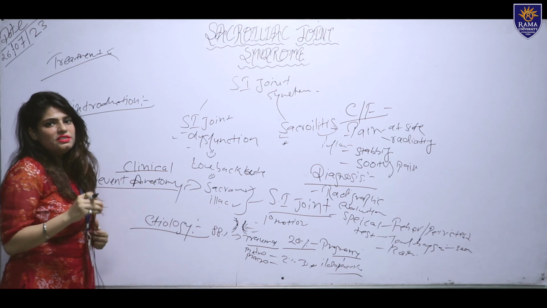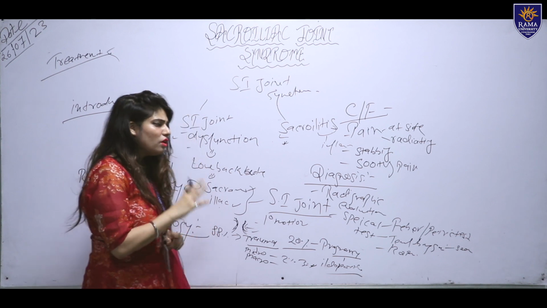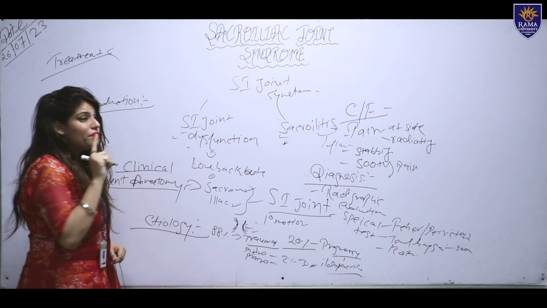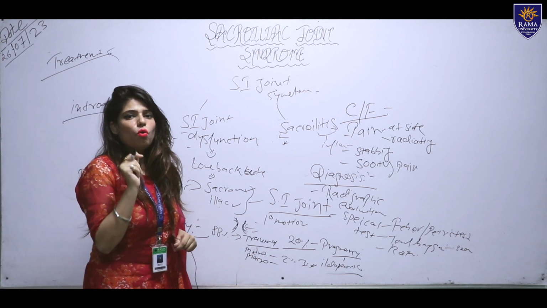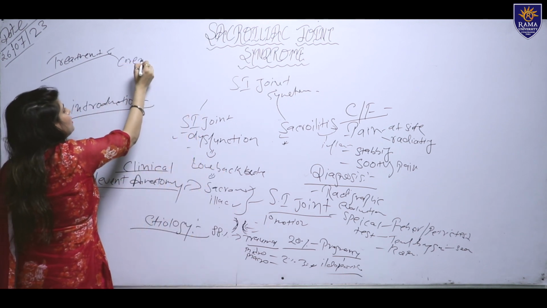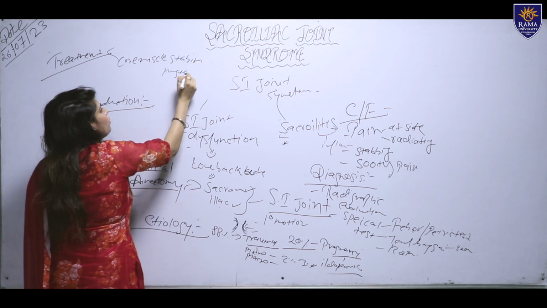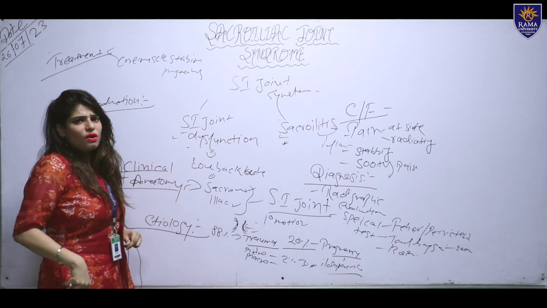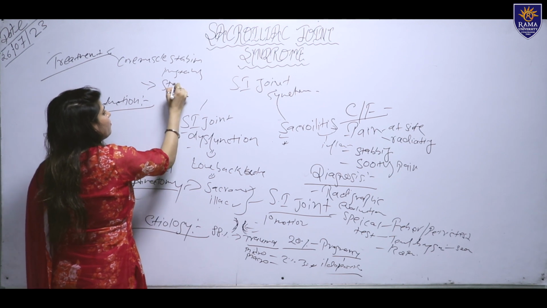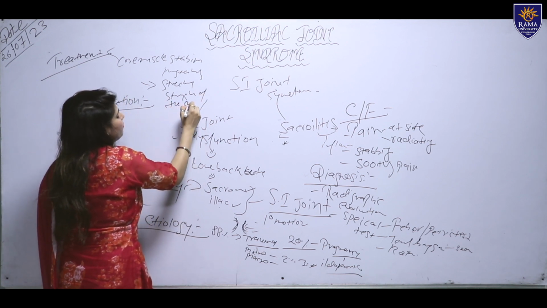Okay, now the treatment of SI joint dysfunction. Treatment depends upon the degree of injury or degree of dysfunction. So when we are talking about PT management of SI joint dysfunction, the first one is targeting the core muscle. We are targeting core muscle stability or instability. If the core muscle is unstable or pain occurs in the core muscle, we do stretching and strengthening of the core muscle.